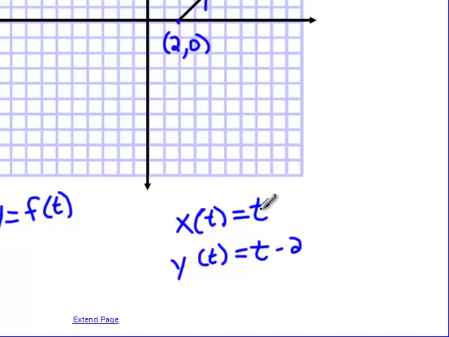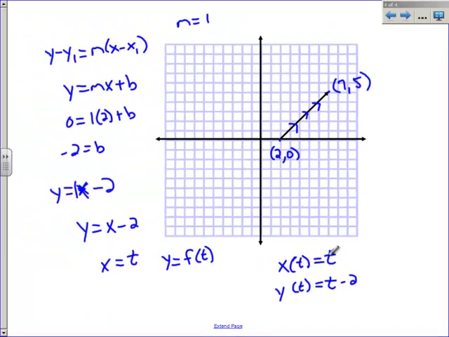For example, if I start with t equals 0, I'm going to be at the ordered pair 0, negative 2. And 0, negative 2 is not on that line segment. So what do I need to start t with? I need to start t with 2. And what do I need to stop t with? Well, if I want to get out to x coordinate 7 and x of t is t, then I'm going to go from 2 to 7.